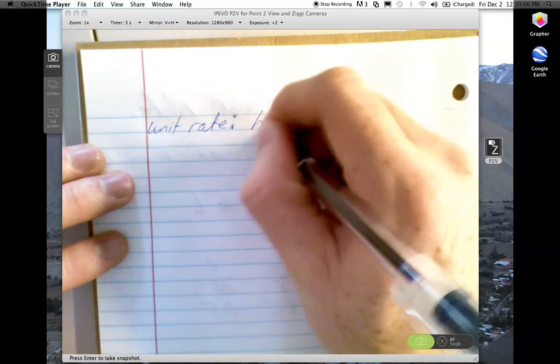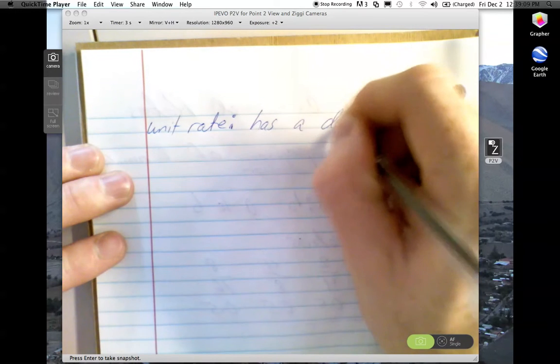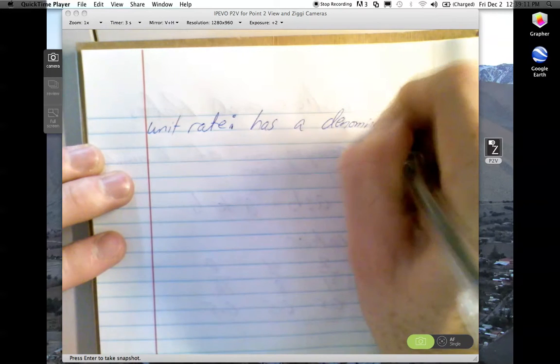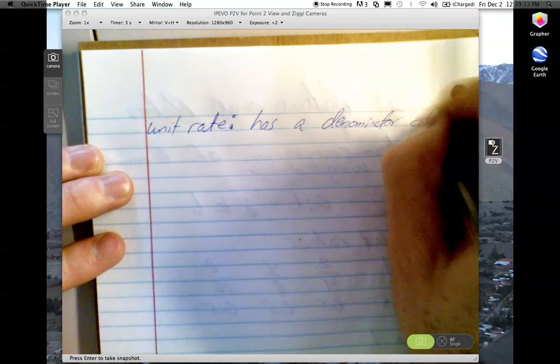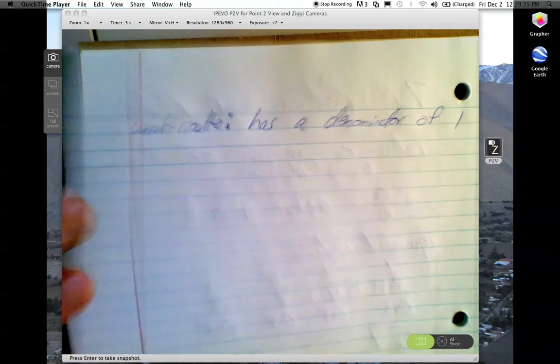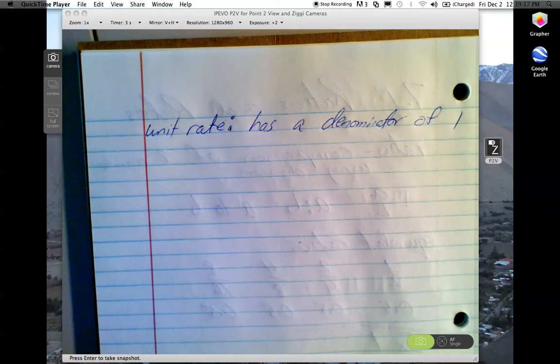So when we think about this, some unit rates that we usually think about are miles per hour. We don't ever say, I'm driving 30 miles per 2 hours. We always say, no, I'm driving 30 miles per 1 hour, or just 30 miles per hour. So unit rate is going to be something that we use a lot.